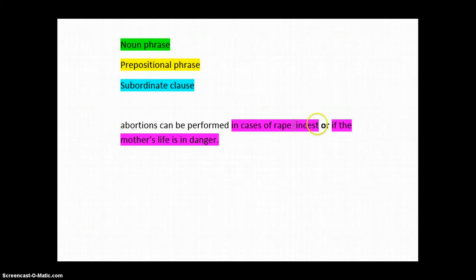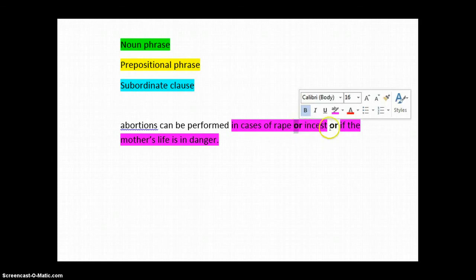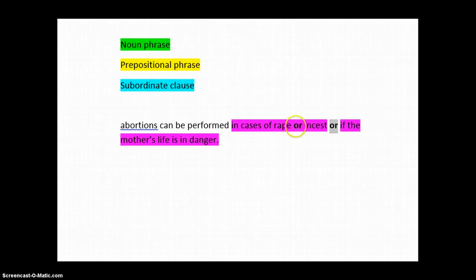So now it's parallel. Now you may be wondering, well, wait a minute, I've repeated the or. I shouldn't do that, right? I should turn this one into a comma. No. This or is doing one job. It's coordinating a noun phrase and a noun phrase.